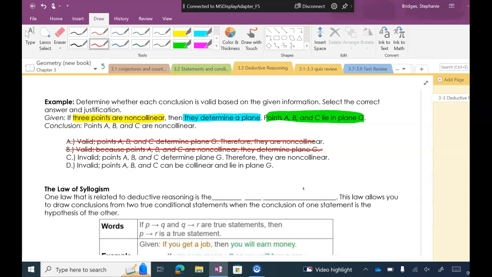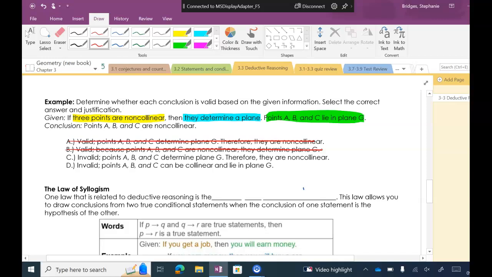If it says that 3 points are non-collinear, then they determine a plane, okay? But then it says that A, B, and C are in a plane. Do they have to be non-collinear to be in the same plane? Here's my plane G, yes?